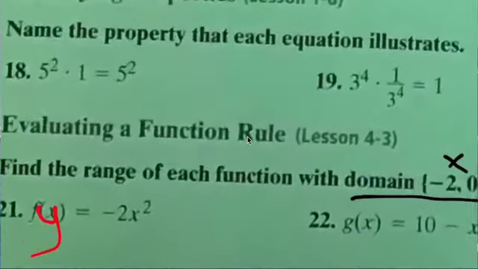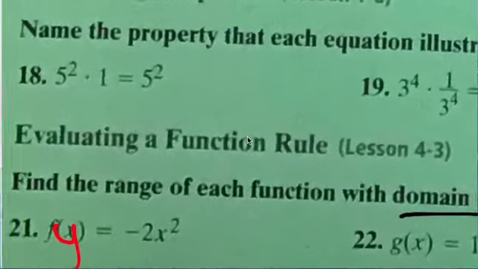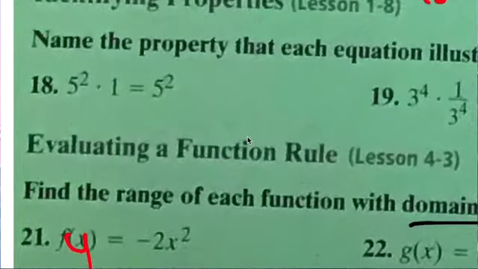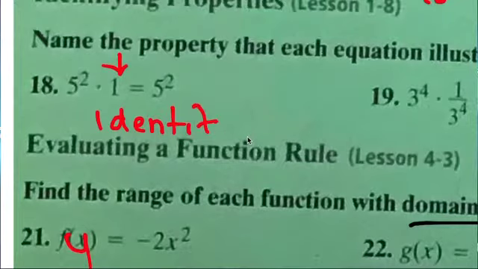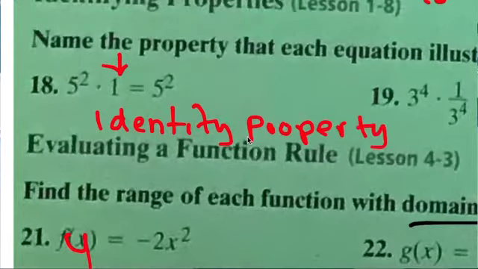Number 18, name the property. Oh, this is identity property, because this one you need identity. You wouldn't know this. Sorry. Hopefully people look for this.